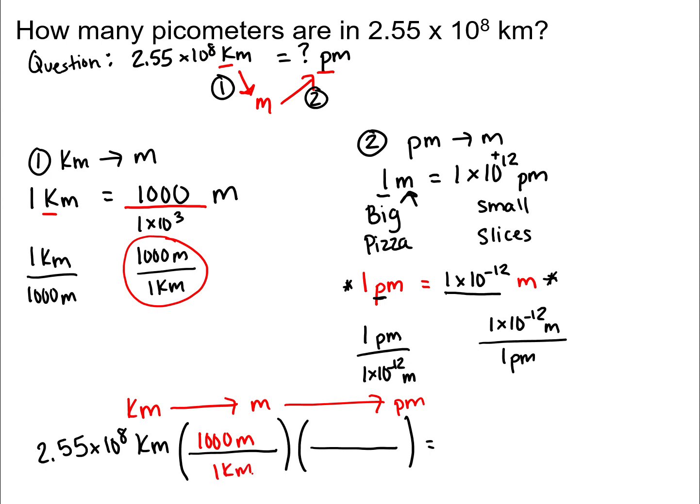We're going to use that second unit factor for the first one. And then from our second unit equation, we need to cancel out meters and end up with picometers. So that's how we fill it in.